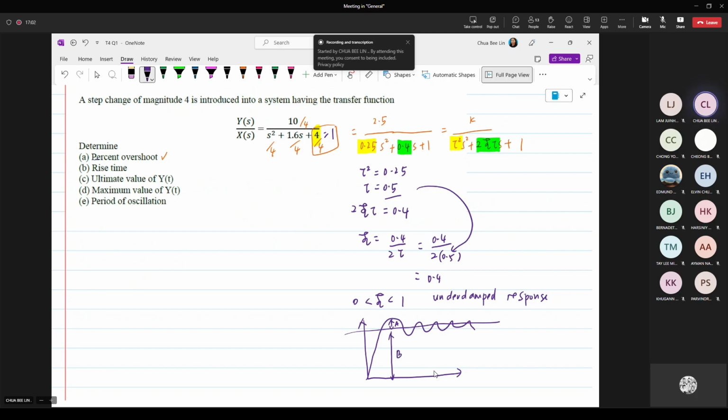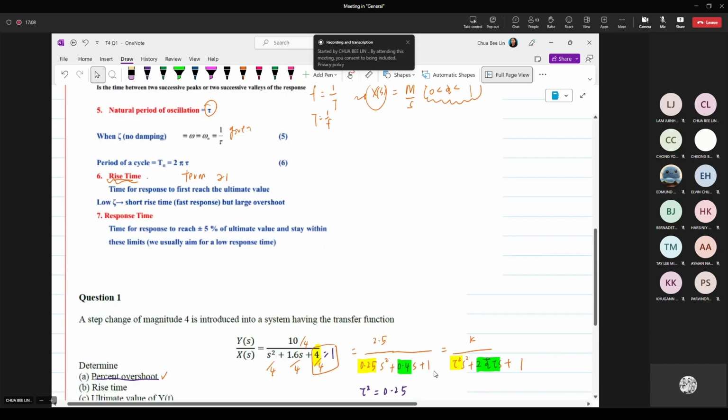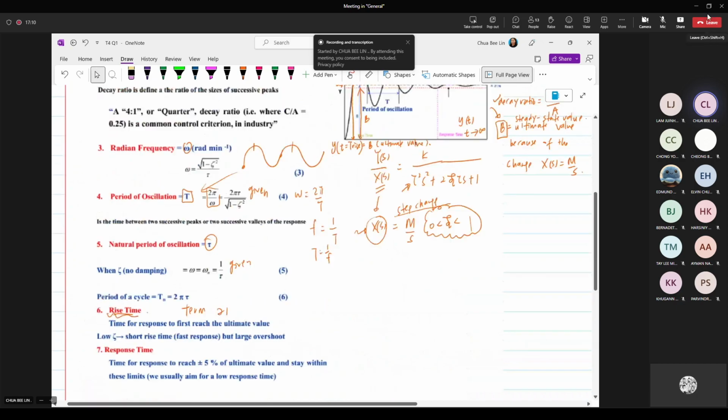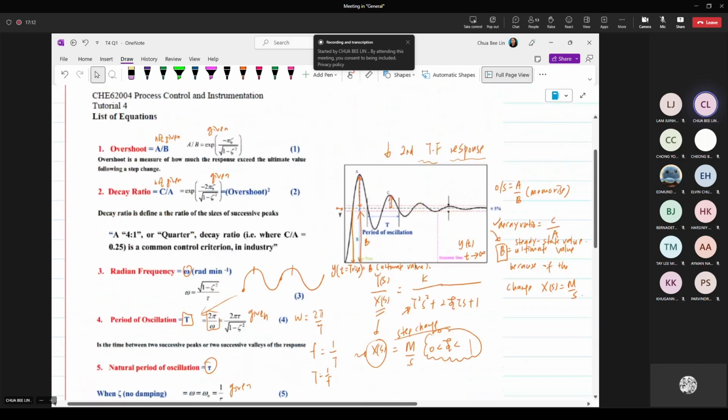So they ask for percent overshoot, which means you can use the formula. The formula will be given. You just copy the formula from here. So this one is overshoot.